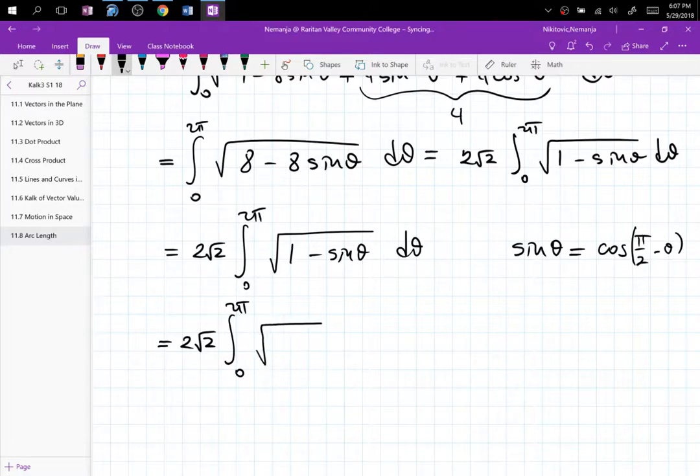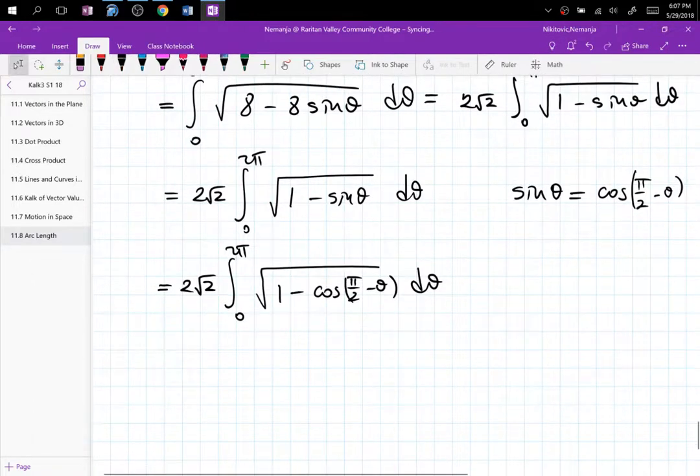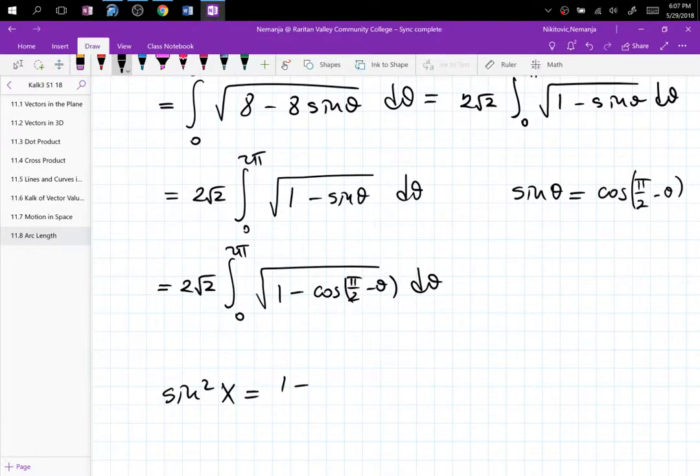So now what I have here is 1 minus cosine of pi over 2 minus theta, d theta. And what we know from our trig identities is that sine squared x is equal to 1 minus cosine 2x over 2.